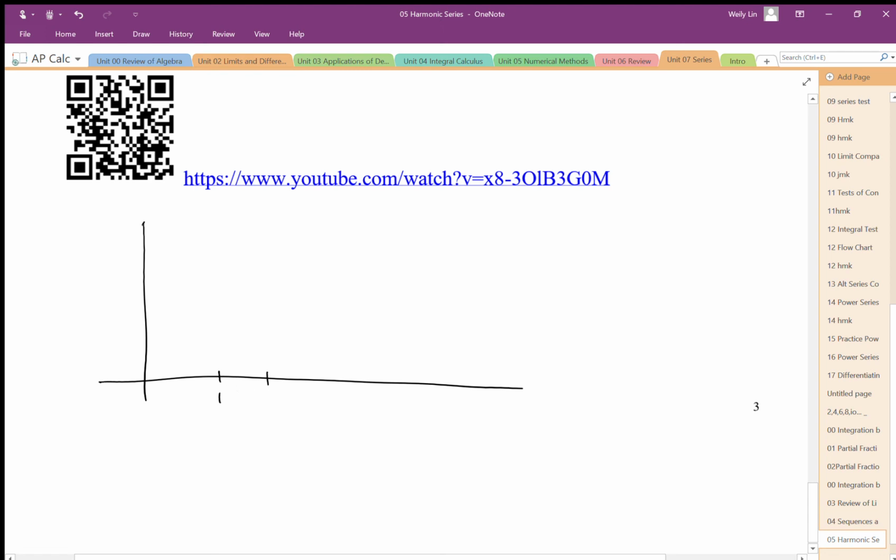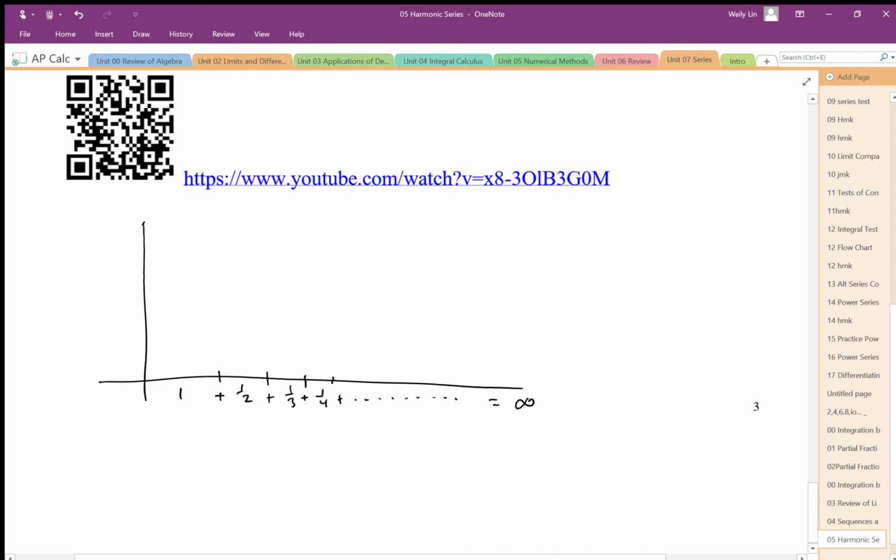So I'll show this as 1 plus 1/2 plus 1/3 plus 1/4 plus dot dot dot. Well, that is a harmonic series, and we know that equals infinity.